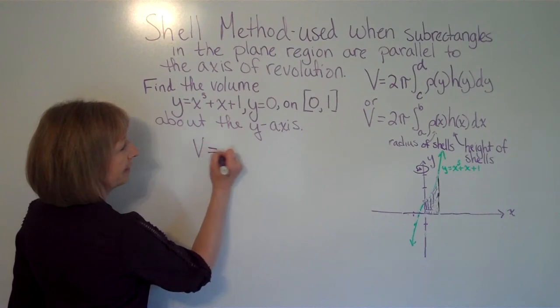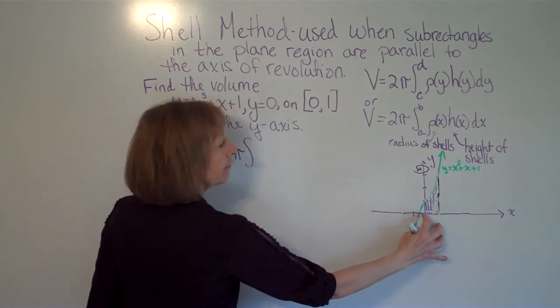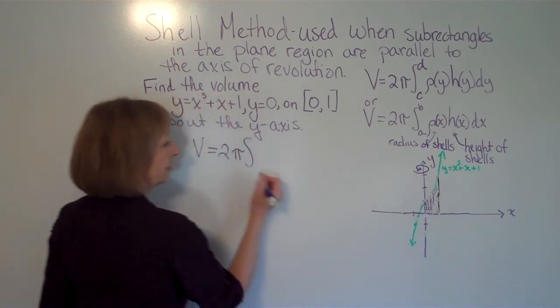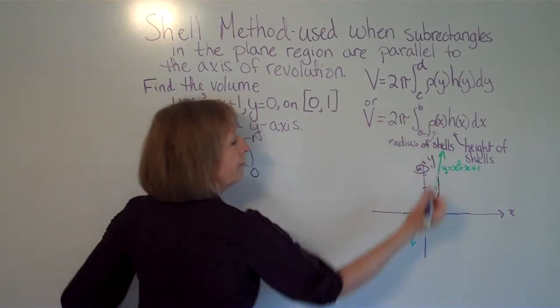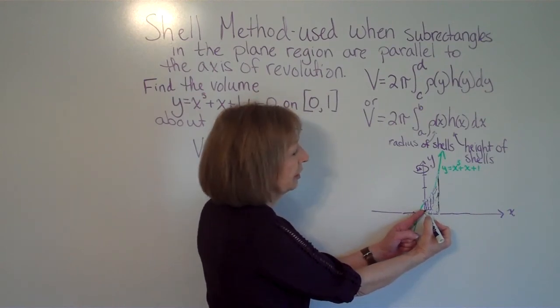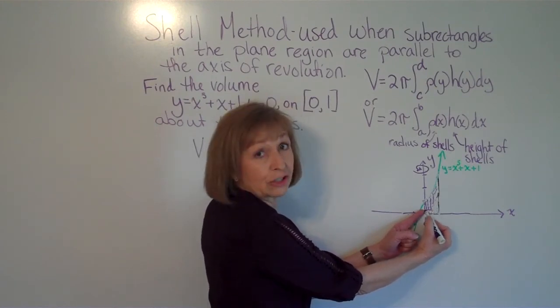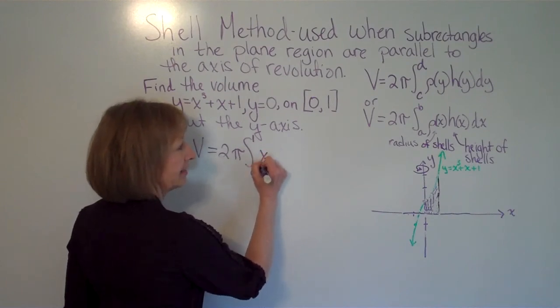My volume then is 2 pi times the integral from 0 to 1, thinking about having those shells across that interval, of rho of x, the radius reaching from the axis of revolution to the cylindrical shells. That's just the horizontal movement, and the horizontal movement from the y-axis over is just the x coordinate, so the radius is just x.